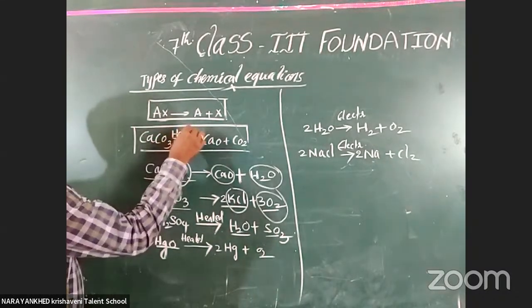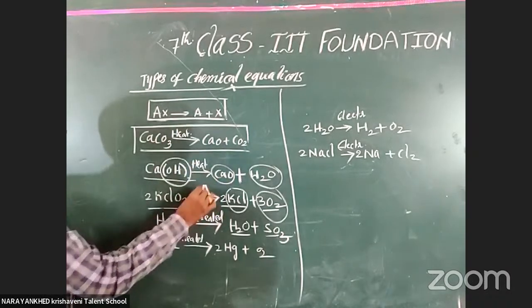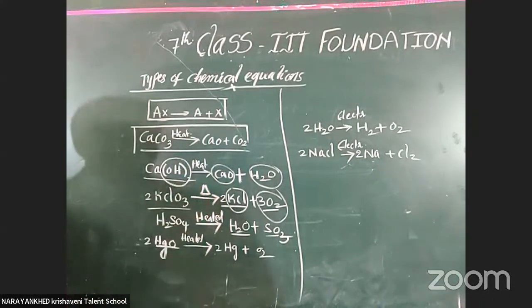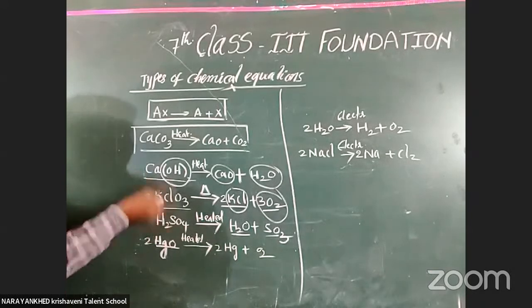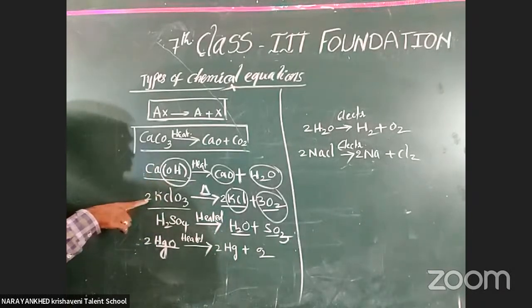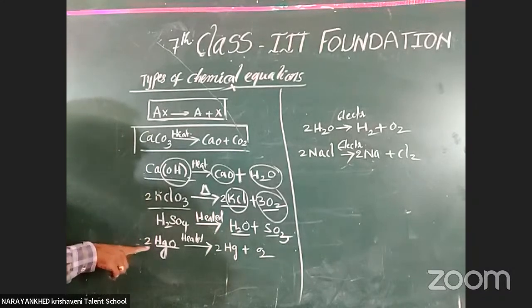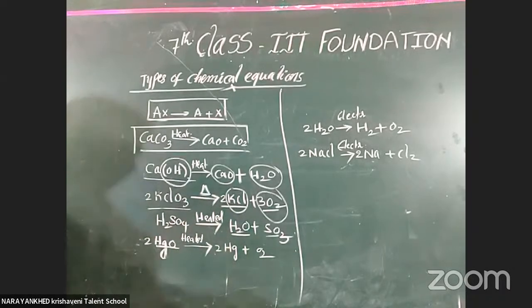Here also it is heated. The heat is symbolized with the delta symbol. It is a metallic hydroxide. It is a metallic fluoride. Now it is the acids. Generally when we heat one compound, it divides into two substances.